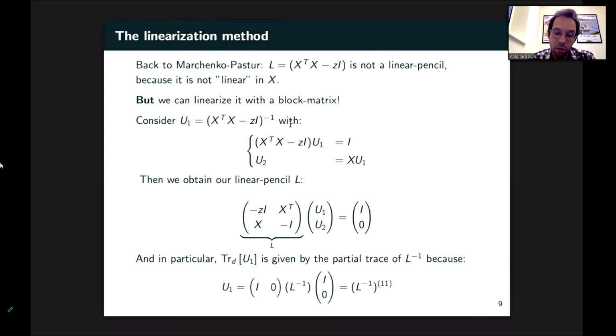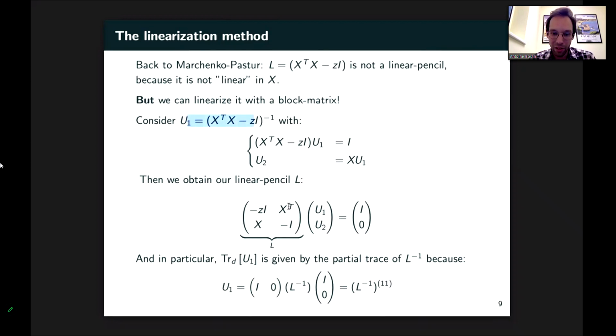And with just this trick, you linearized your whole system. So what I mean by that is that if you check this matrix L here, you multiply it blockwise by different matrices U1, U2, you get back exactly U1 is equal to (X transpose X minus z identity) to the -1.